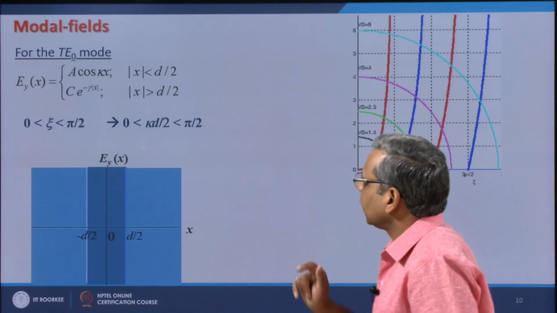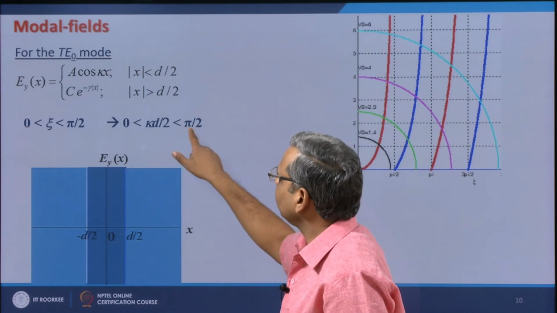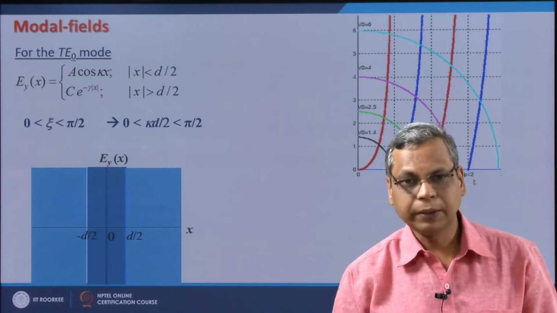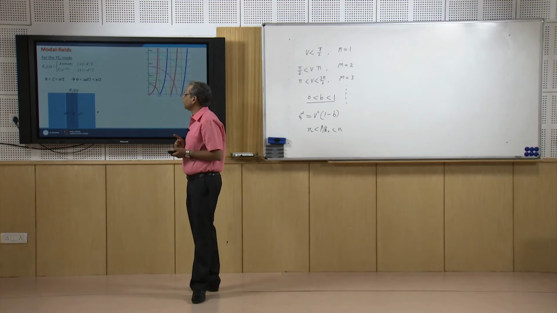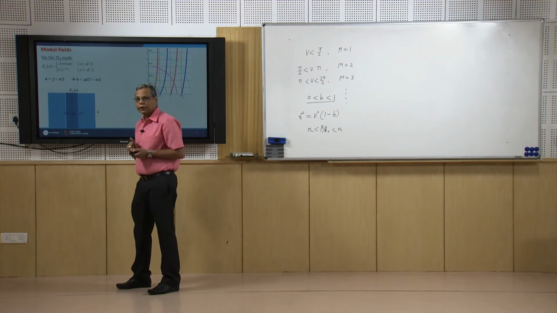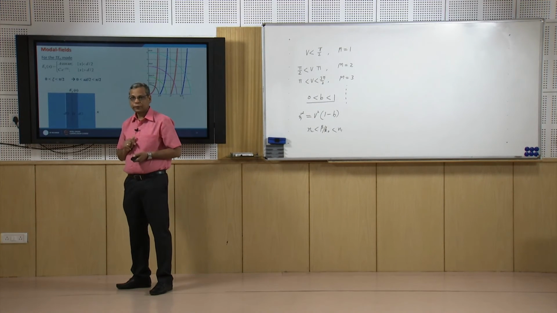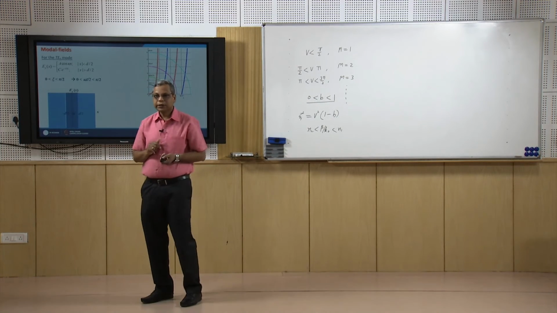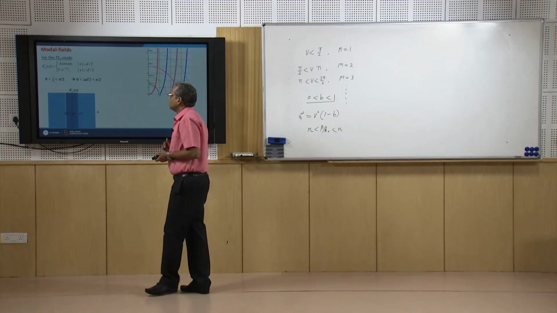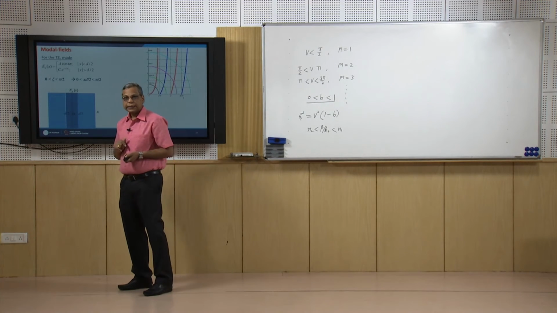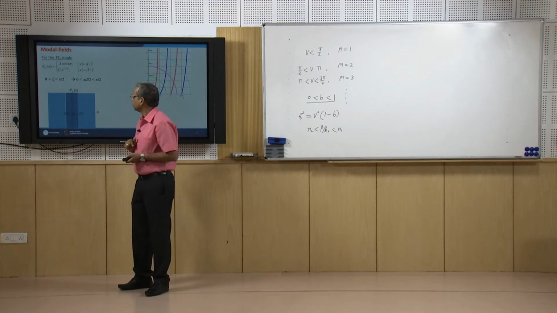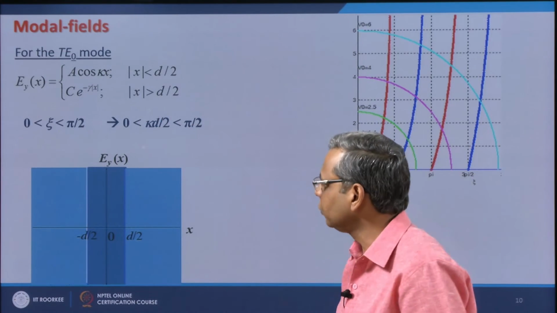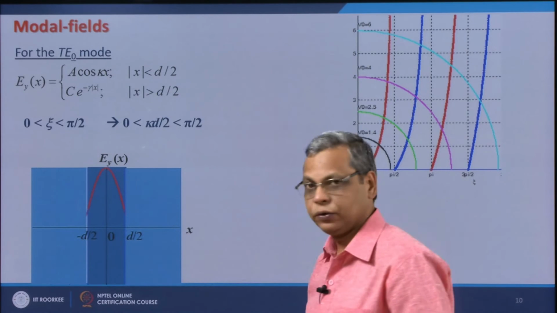But kappa d by 2 is always less than pi by 2, so cosine kappa d by 2 will never cross any 0. The first 0 of the cosine function will occur at kappa x equal to pi by 2. But even at the boundary kappa x is always less than pi by 2, so I will not have any 0 crossing.